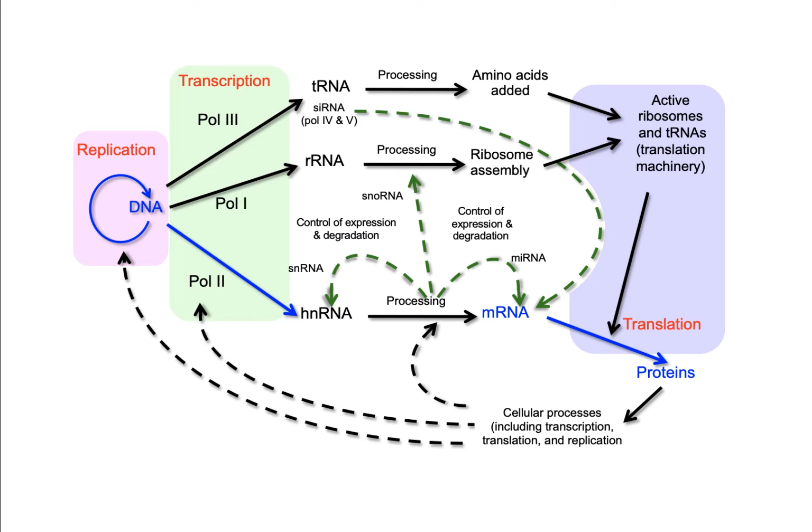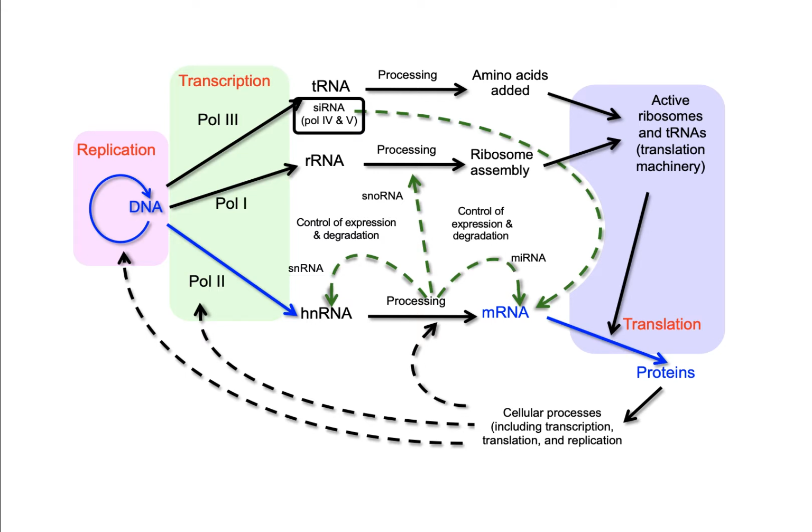So you can see in here there are other arrows, which I won't talk about too much, but there are other arrows here that become snoRNAs, which are small nucleolar RNAs that aid in the processing of ribosomal RNA. There are microRNAs over here that control expression of the mRNAs that have already been transcribed.